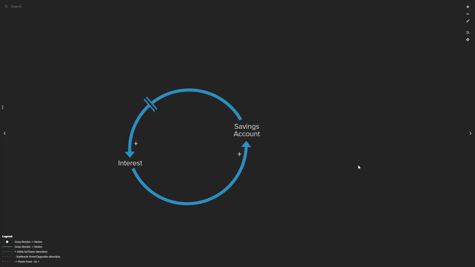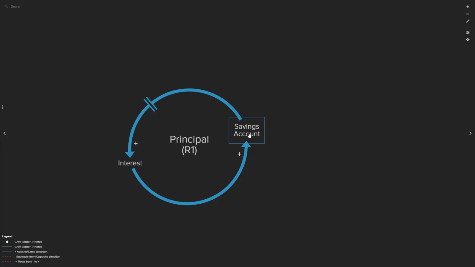So this particular structure is called a reinforcing structure, where something creates a result which promotes more of the same activity that created it. So it simply goes round in circle, and it has a character of growth.